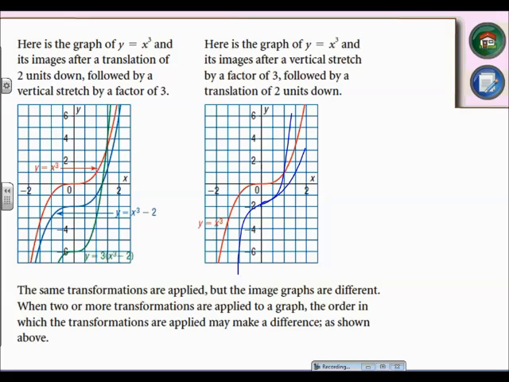Oops, like that. Which is not the same as the first one. So because of that, we're going to have an order. And I just talked about that order. So make sure you write that down. Stretch, reflect, and translate, or reflect, stretch, translate. Either of them will work.